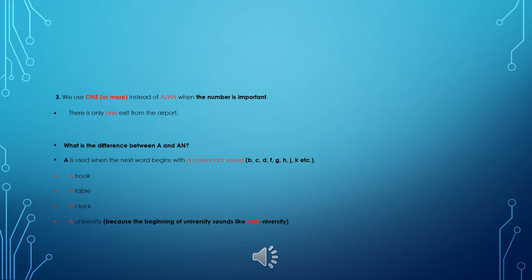What is the difference between a and an? A is used when the next word begins with a consonant sound like B, C, D, F, G, H, J, K, etc. A book, a table, a clock, a university, because the beginning of university sounds like "yu".